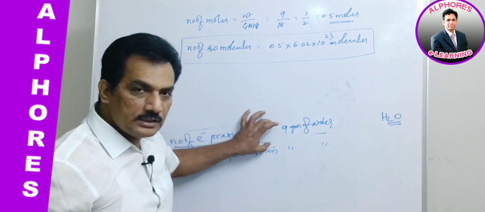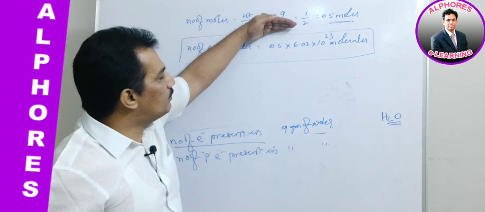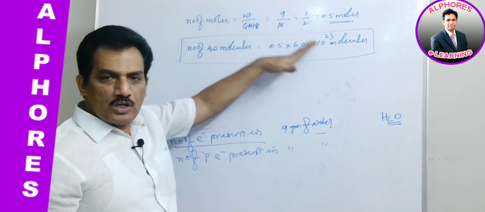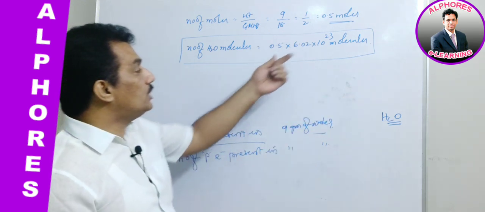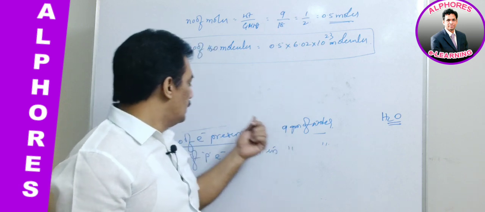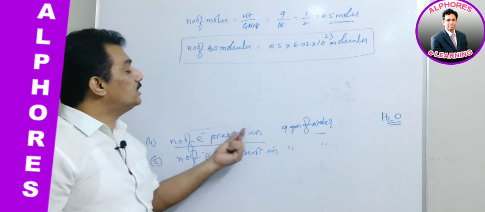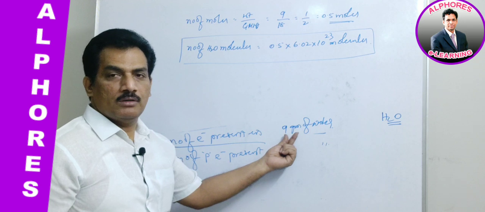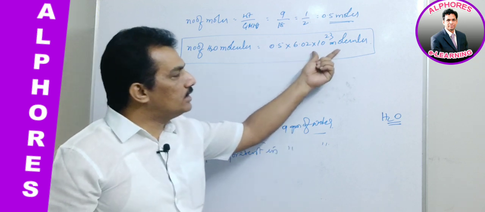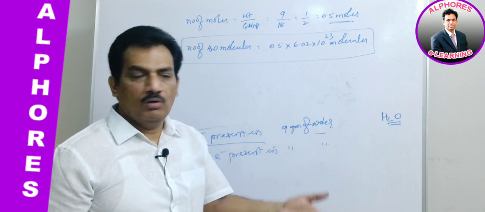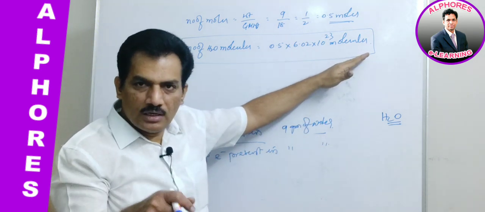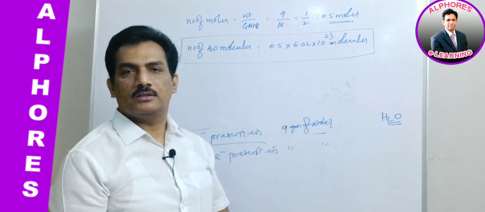To calculate this, we have to consider the number of moles, and from that number of moles the number of molecules. And thereafter, for each molecule, what are they asking? They are asking the number of electrons present in these grams. So once we get these molecules, if we know how many electrons are present in each molecule, then this number of molecules times that number will give the number of electrons, is it not?